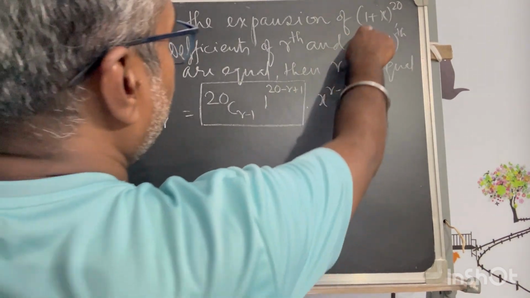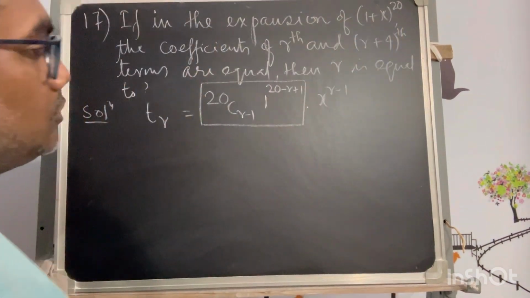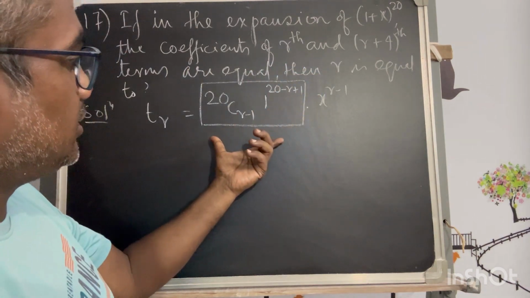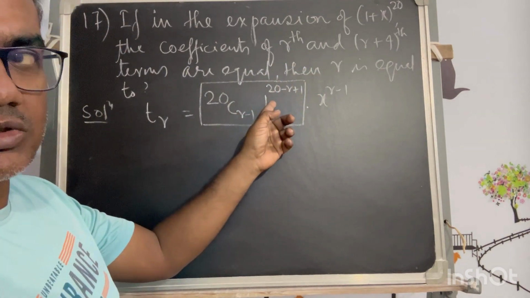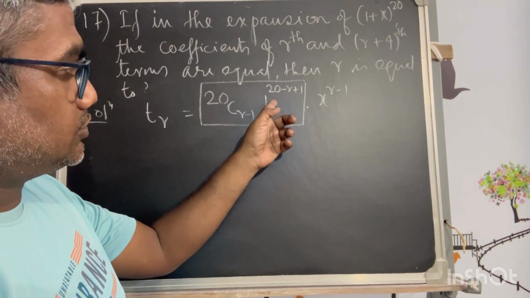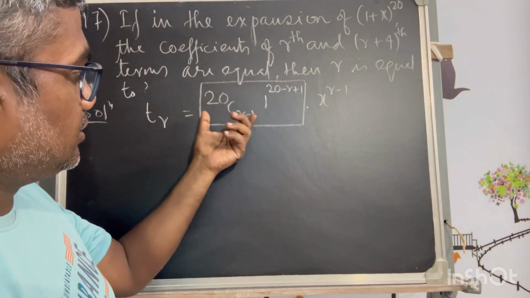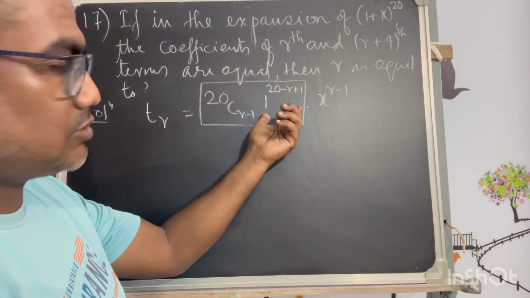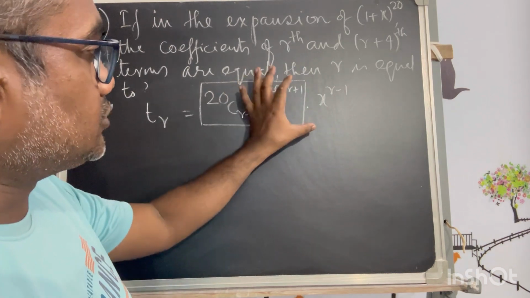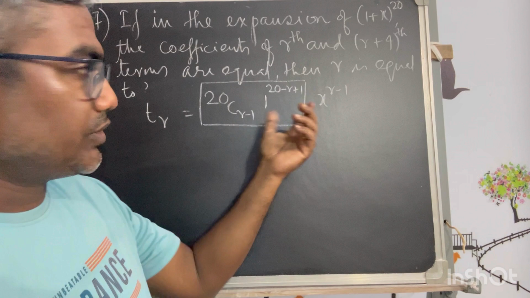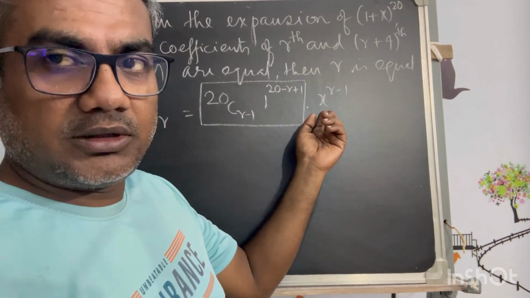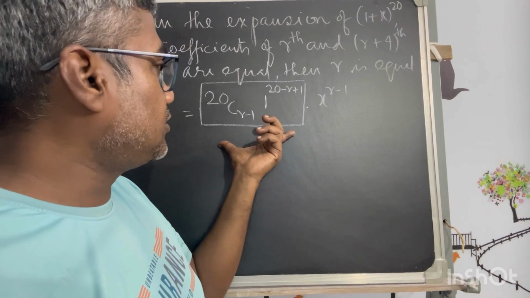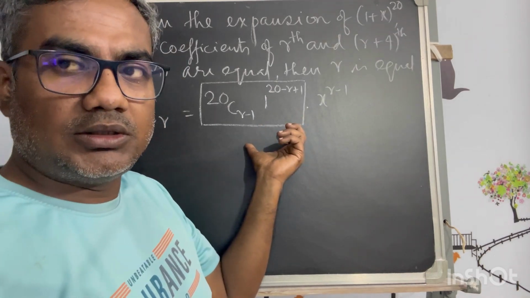But if there is a 2, the coefficient of the rth term must contain this constant together. So don't be confused. The coefficient is the binomial coefficient, but the remaining constant has to be multiplied and taken as part of the whole coefficient, because only x is variable. If instead of 1 there is 2, the coefficient of the whole term will change.